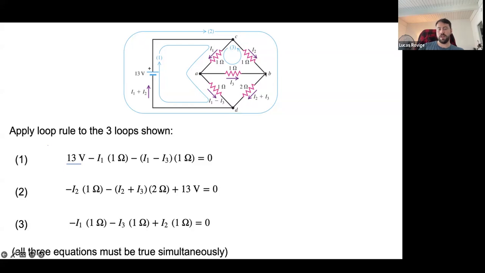So here we have to use the plus sign because it's going against the flow of current, and that gives us the potential drop all across this loop here.